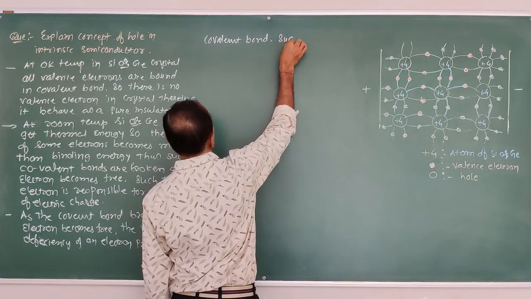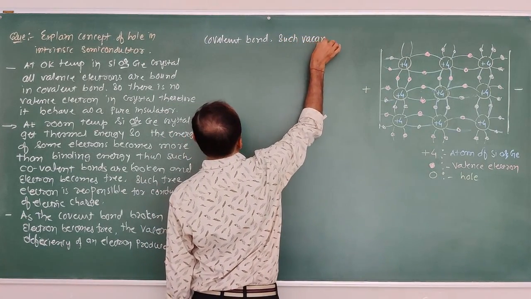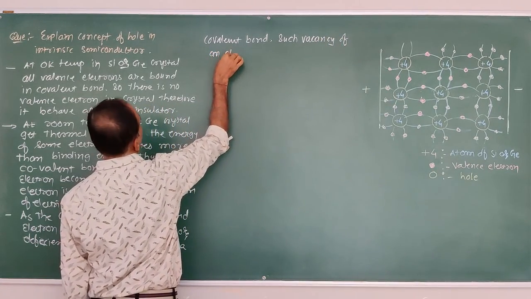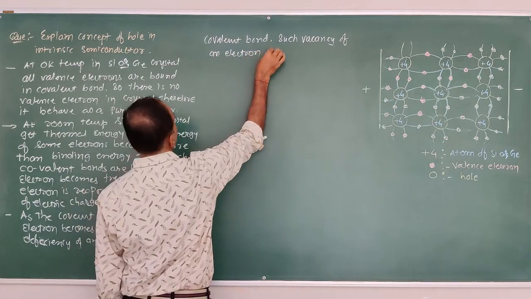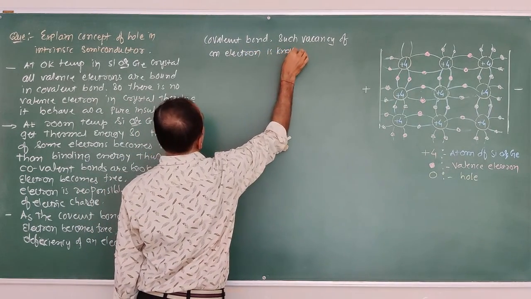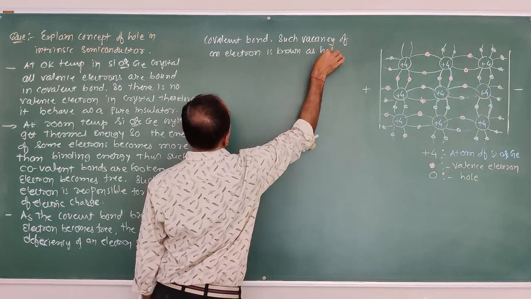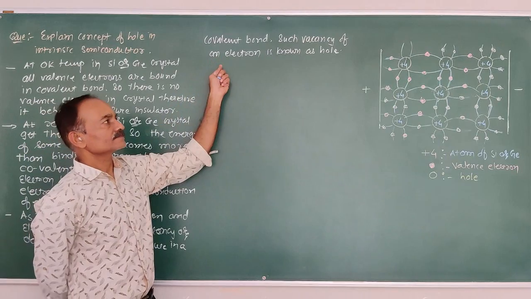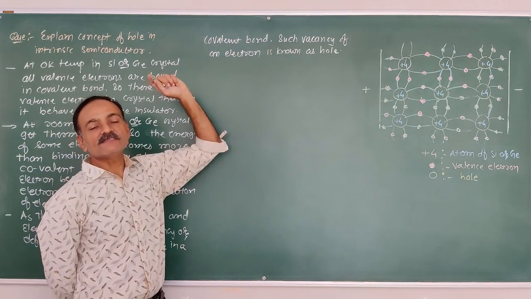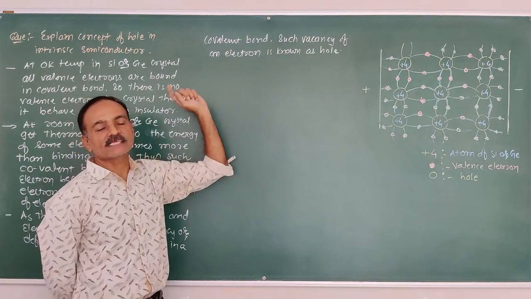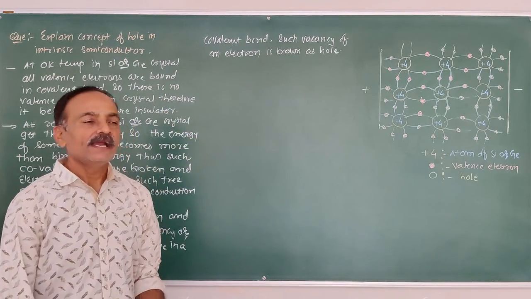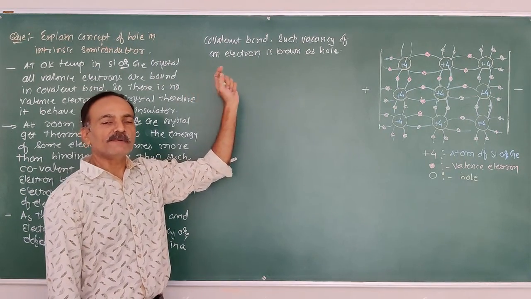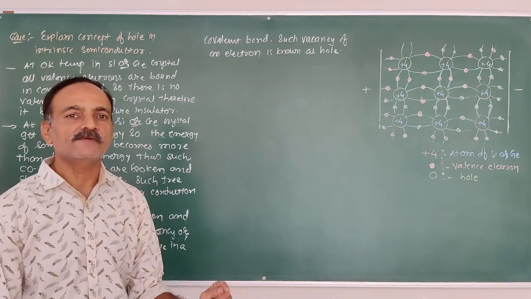Such a vacancy of an electron is known as a hole. A hole behaves as a positive charge particle. Actually, the hole has no charge, but it has a strong attraction for an electron. So we believe that it possesses positive charge.